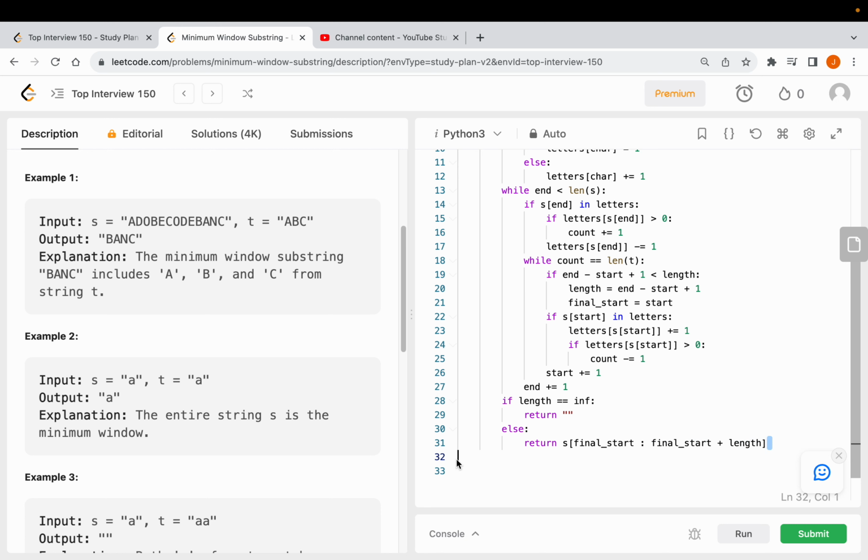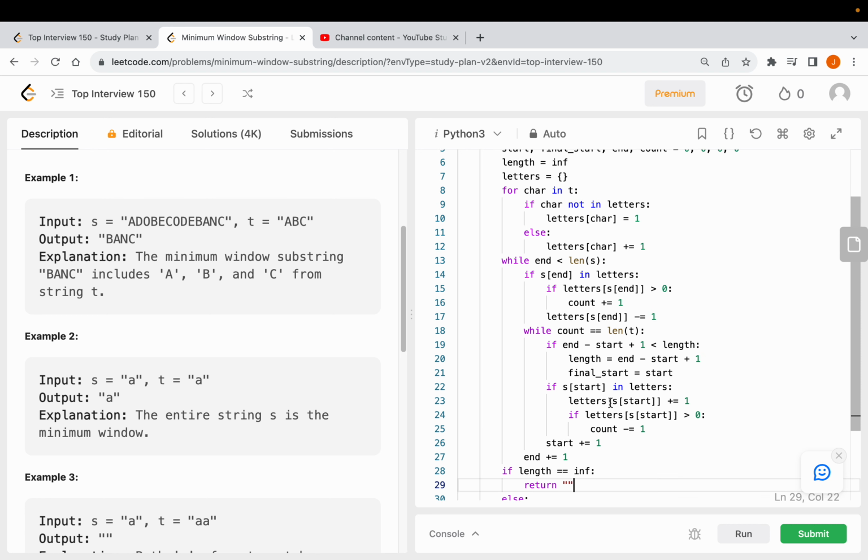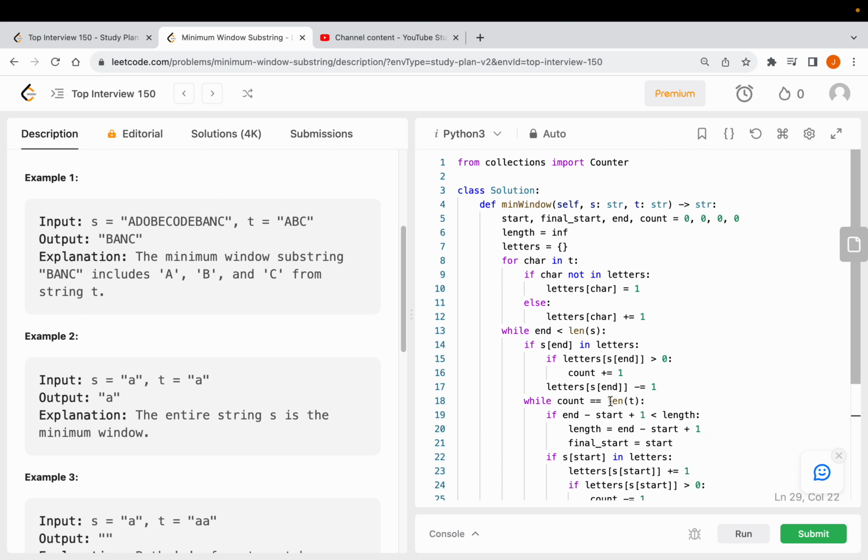So this will return that minimum window substring that we are looking for. Okay, so I hope I have explained this solution clearly. Let me know if you have any questions. I will try my best to help.